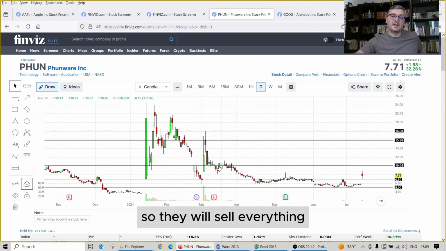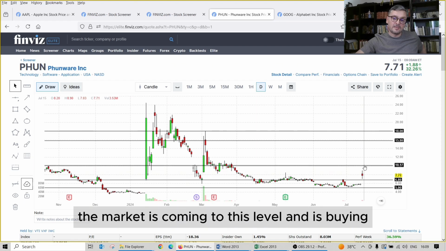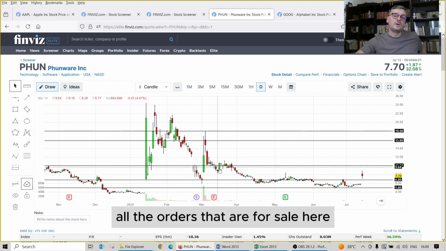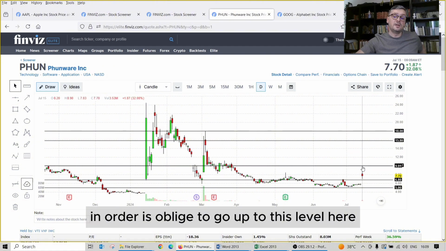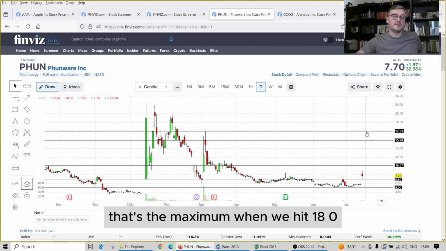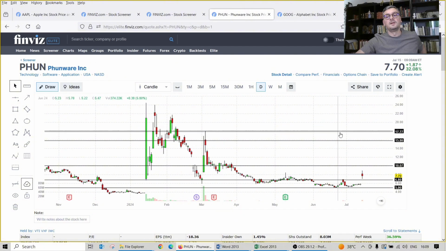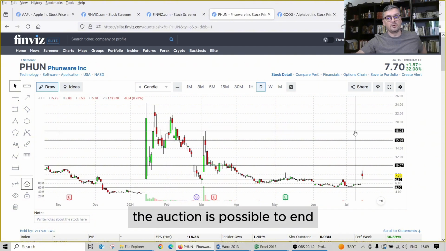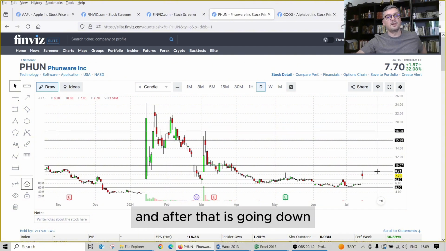So they will sell everything, the market is coming to this level and is buying all the orders that are for sale here, and is obliged to go up to this level here, and maybe to this one here, that's the maximum. When we hit 18.04, the auction is possible to end, and after that it's going down.